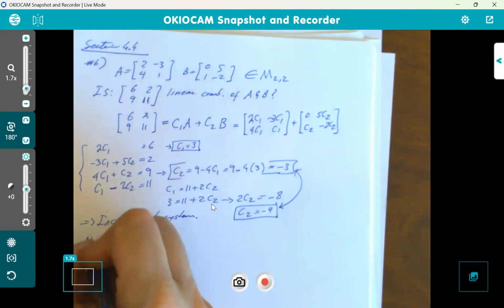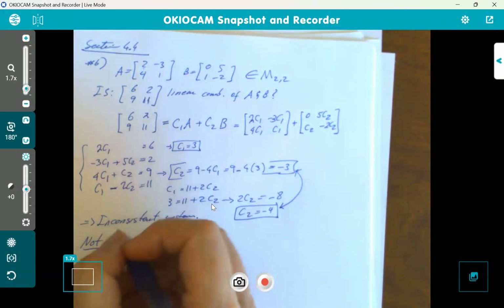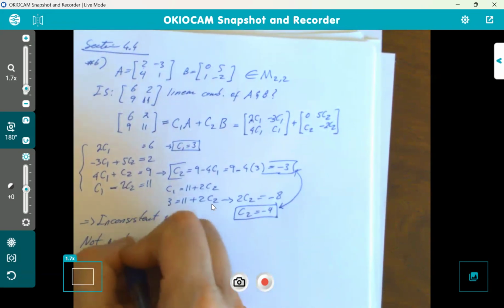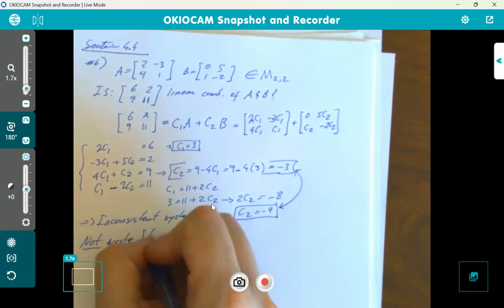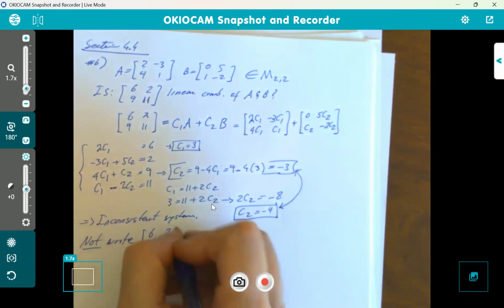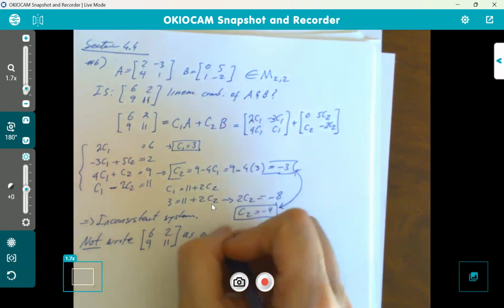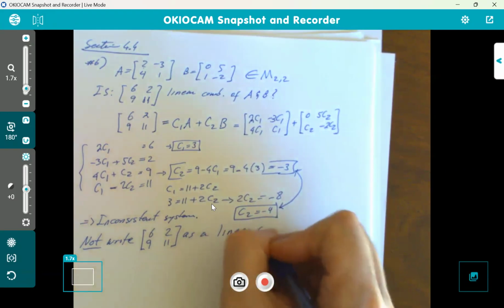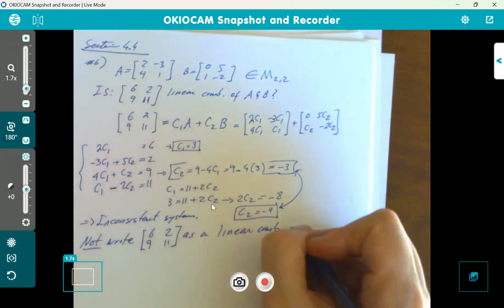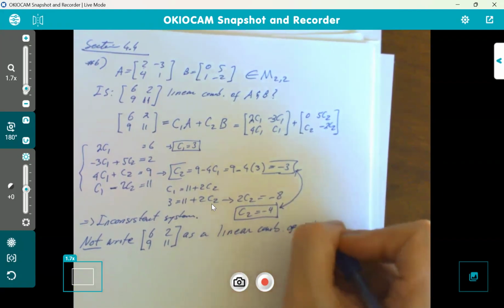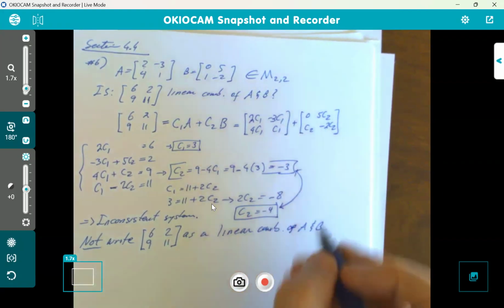Therefore, I cannot write the matrix 6, 2, 9, 11 as a linear combination of A and B, those two matrices.